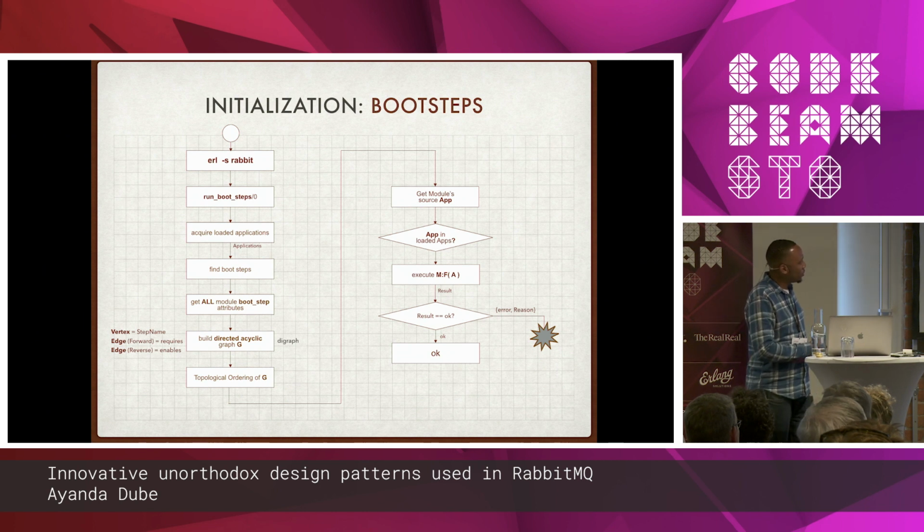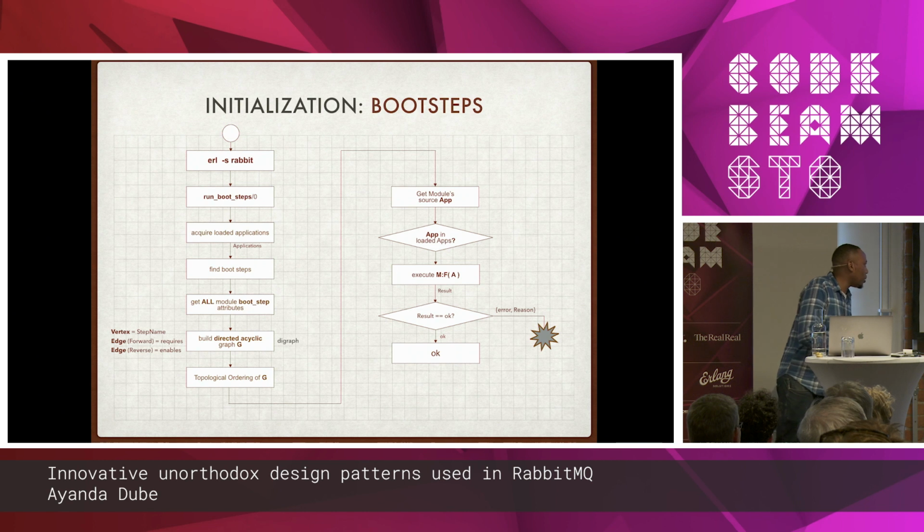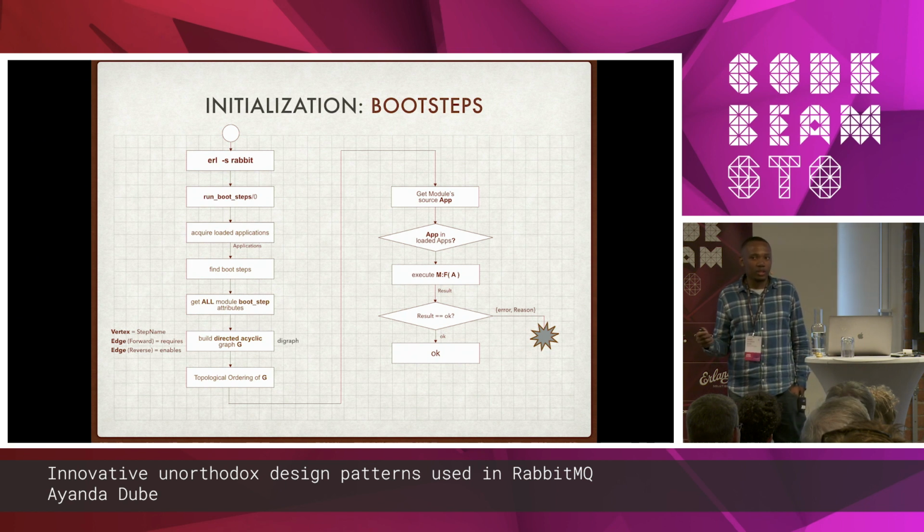So when the Rabbit node starts, right, the start function of the Rabbit module will be executed, and then there's a run boot steps call that is executed, right? And then after that, all the boot steps within the Rabbit application and any external dependencies are fetched. And that is basically done by getting all the module attributes with the boot step, right?